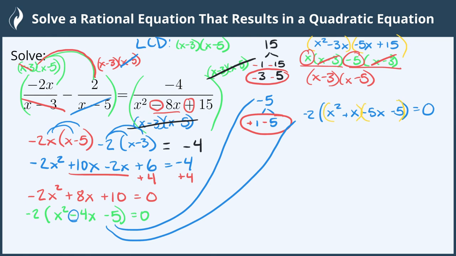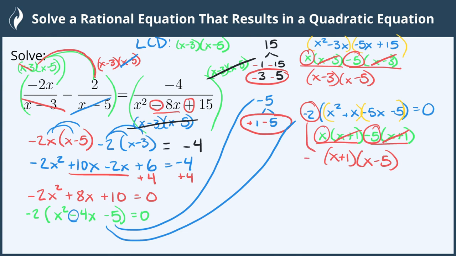The greatest common factor for the first two is x, so we have x plus 1. The greatest common factor for the next two is negative 5, so we have x plus 1. And then the greatest common factor between these two terms is the binomial x plus 1. And then we're left with x minus 5. And don't forget we have a negative 2 still.